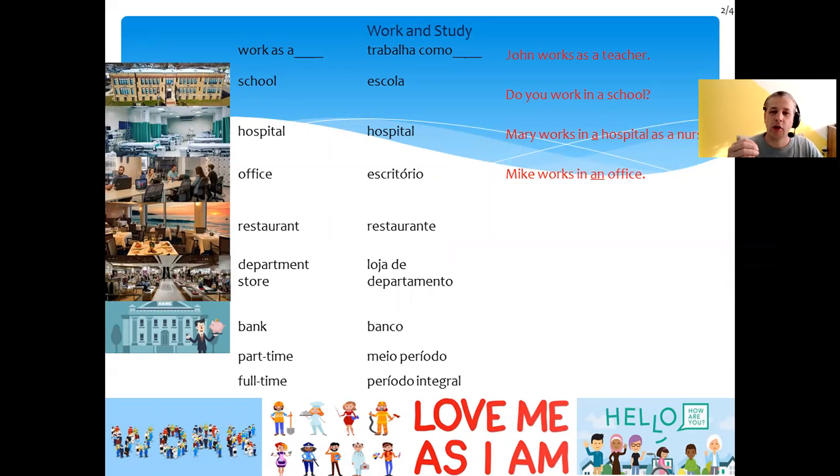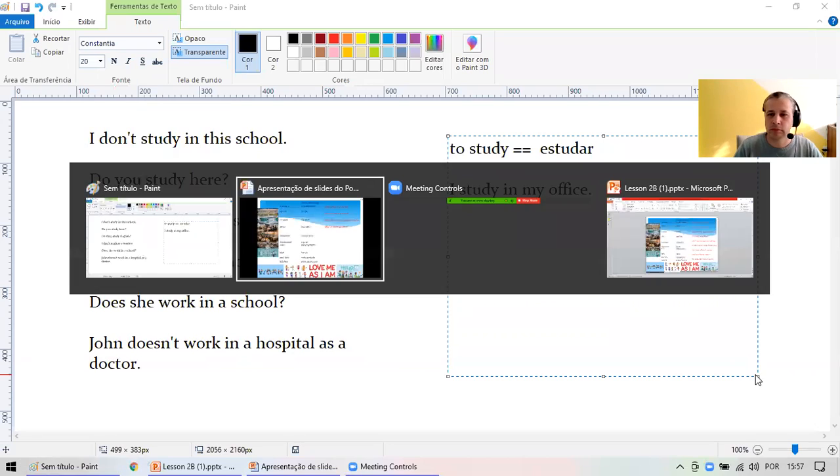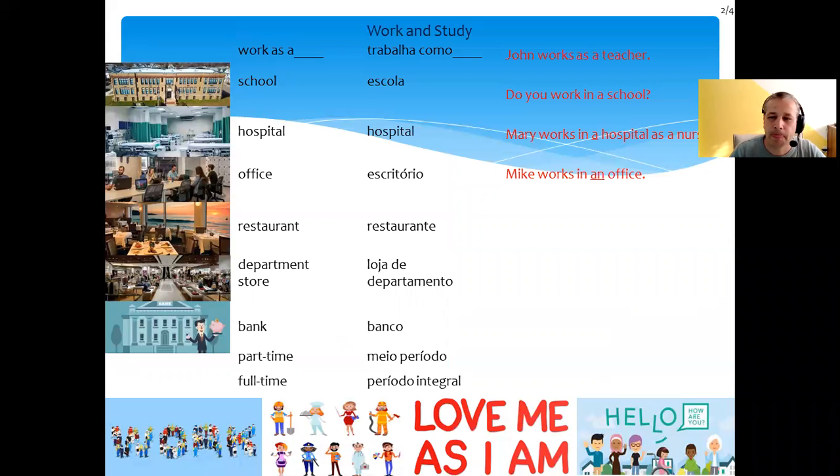How can you say, eu estudo em meu escritório? Eu estudo em meu escritório. I study in my office. Okay. Next.